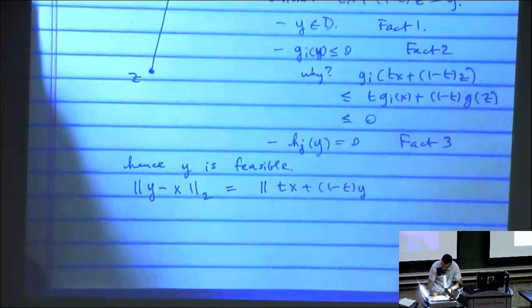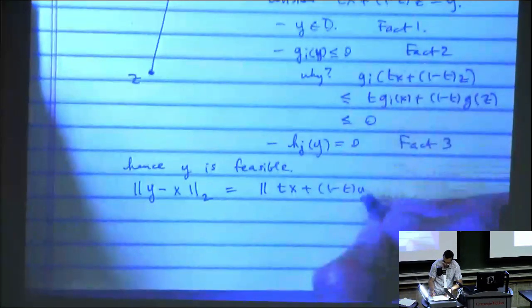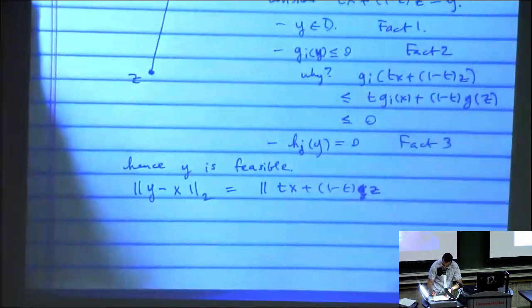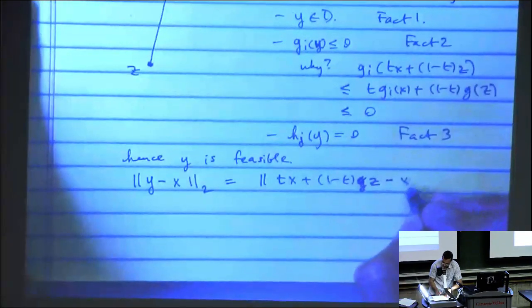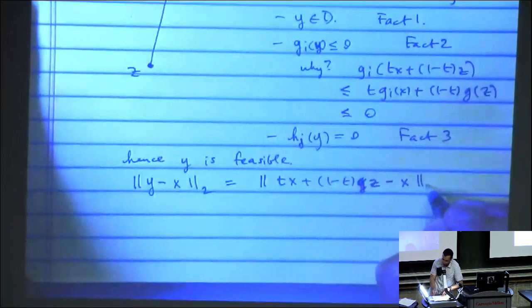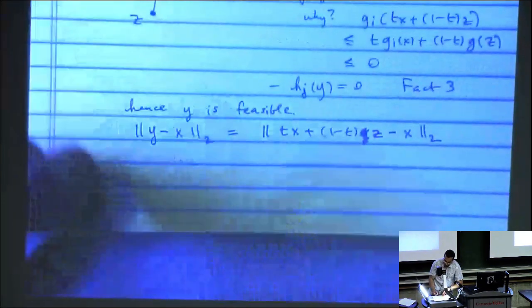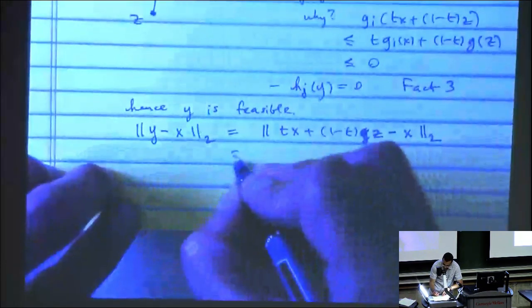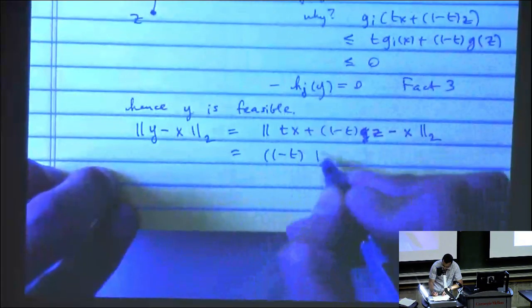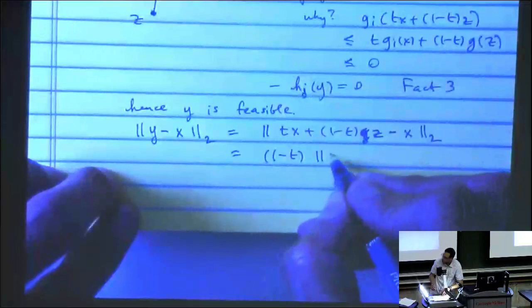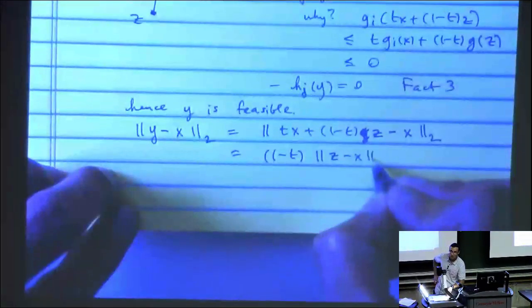Thank you, this is supposed to be z. Minus x. Okay, and I can just pull out the common factor of 1 minus t, and this is just 1 minus t times the norm of z minus x.